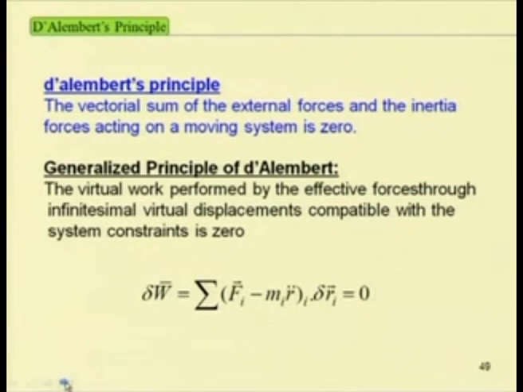So, one can write the work done equal to, so this is the inertia force, F_I minus, this is the equivalent force of the system, dot delta r_i, equal to 0. So, the virtual work equal to 0. So, this is D'Alembert principle.